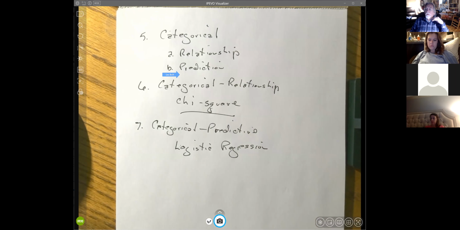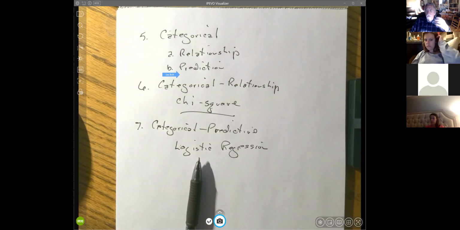Now, in both cases, neither one of these implies any sort of causal arrangement, no cause and effect. We're either looking at relationship or we're looking at prediction.